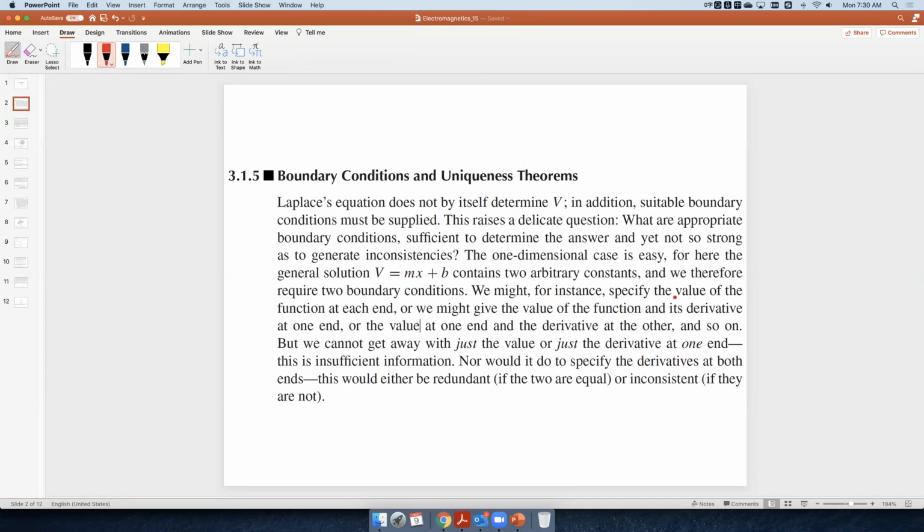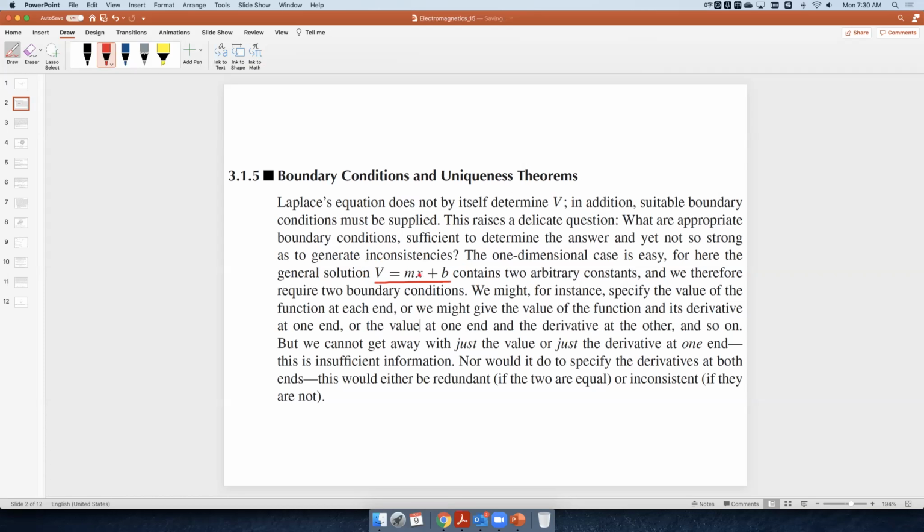We need to specify the values of the function at each end, which means you need two sets of values of v and x. Then you can determine m and b, which means you determine the line equation, or the specific equation for your Laplace equation.